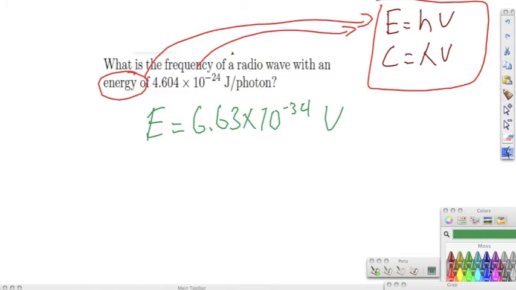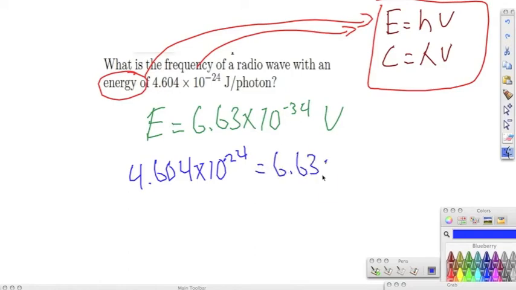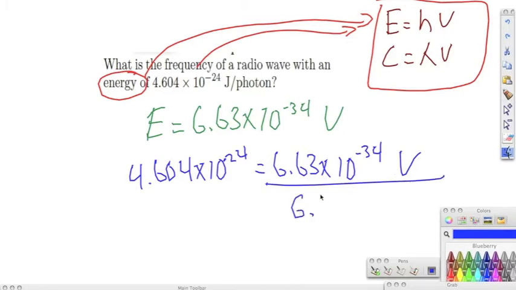Okay? So we can go ahead and plug in our energy, where we're going to have this equation, 4.604 times 10 to the negative 24th, equals our Planck's constant, 6.63 times 10 to the negative 34th, times our frequency. So to solve for frequency, we divide both sides by 6.63 times 10 to the negative 34th.